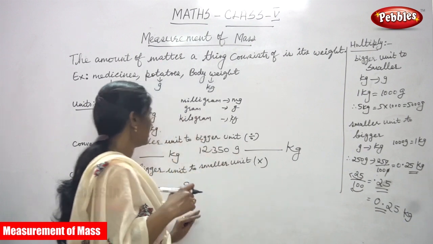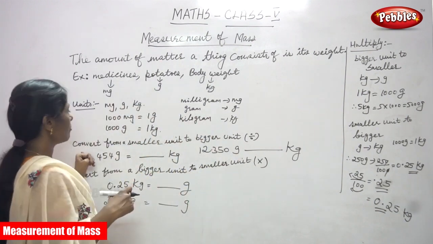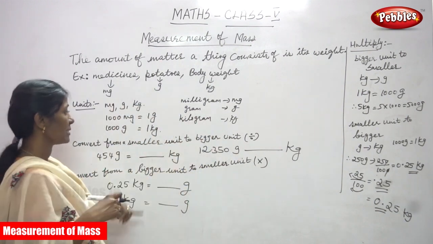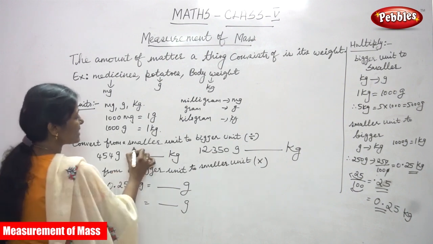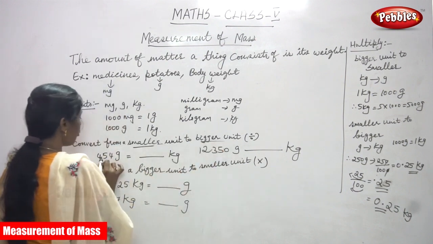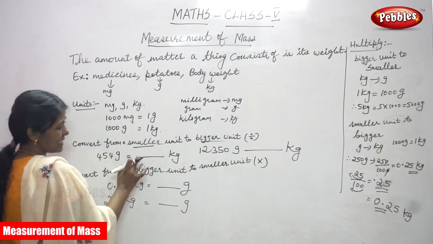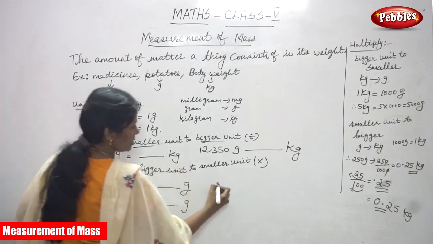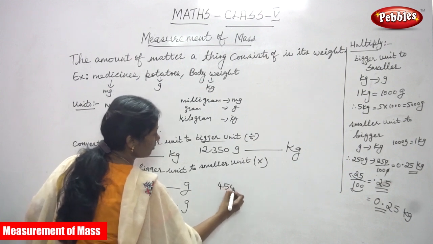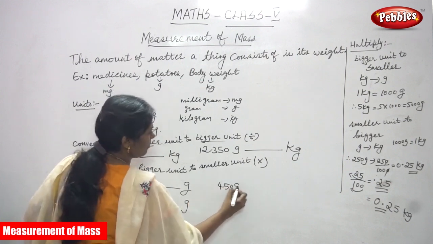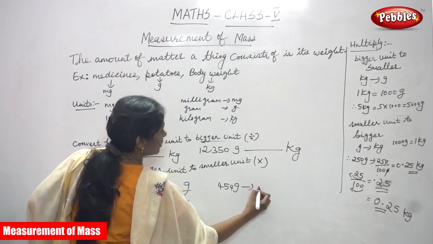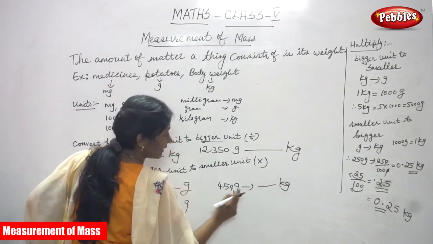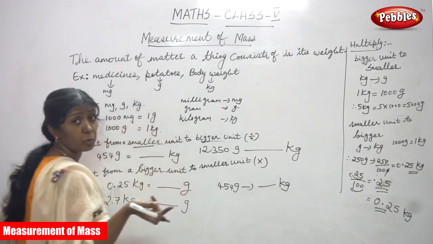Now we start the problems. Convert from a smaller unit to a bigger unit. I told you smaller to bigger means division. So the question: 454 gram is equal to dash kilogram. I'll do the sum. Gram to kilogram, what are you going to do?